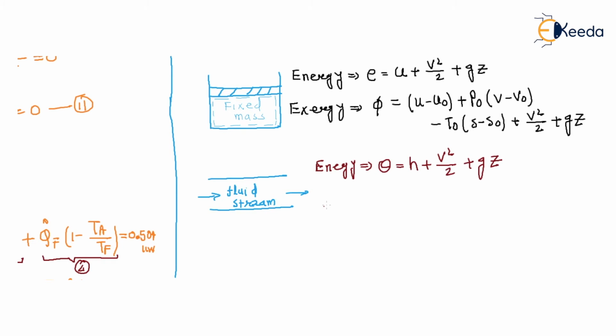And what is the exergy? Denoted by psi, it is H minus H naught, and this term is 0. Why? Because there is no displacement.